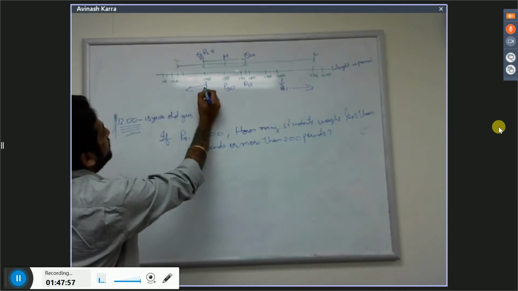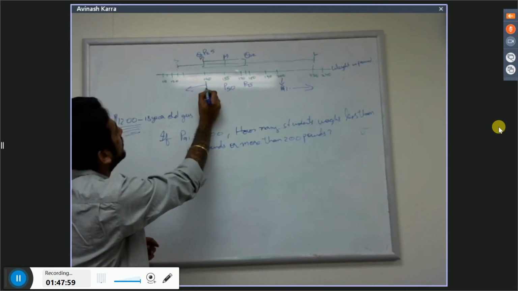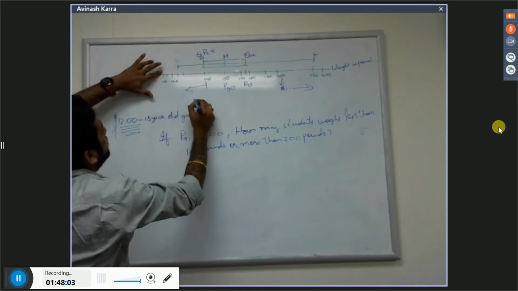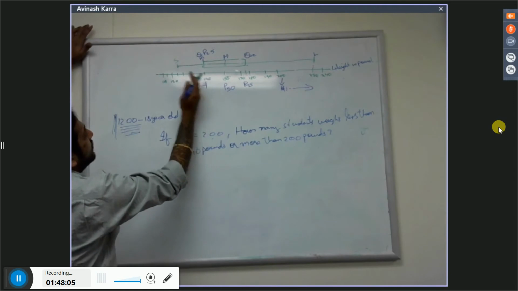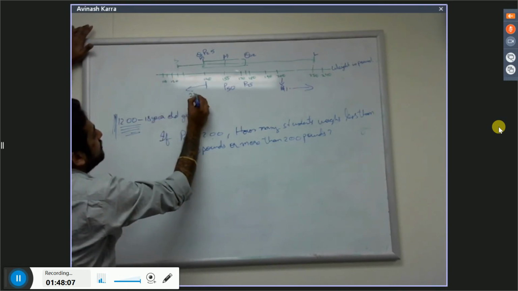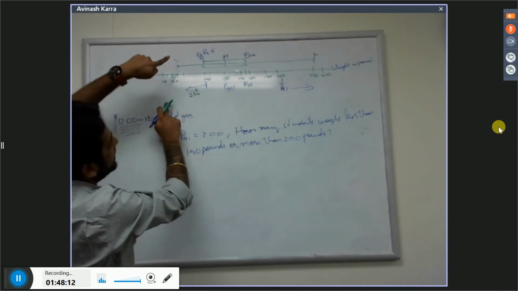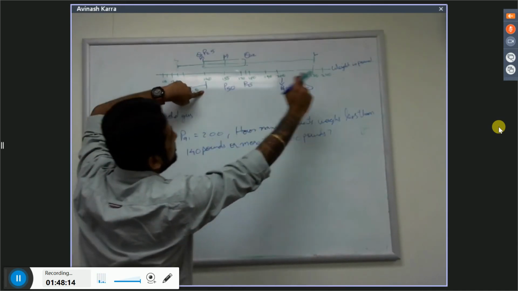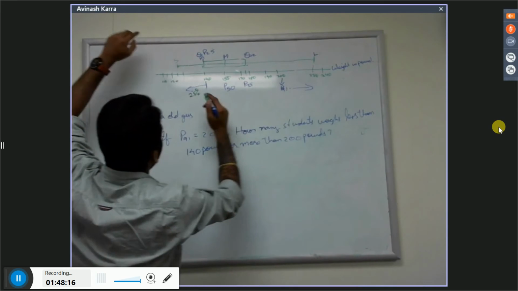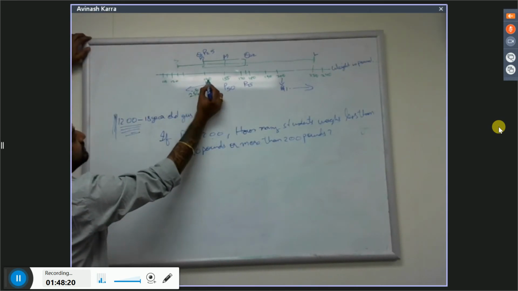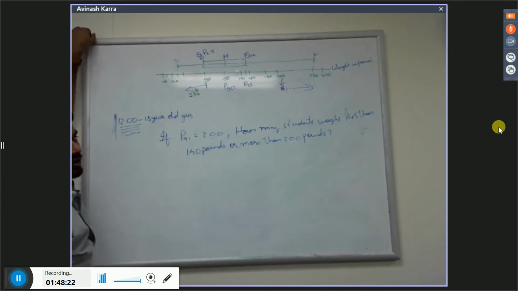What is this? P25. So 0 to 25. I told you, towards this side at P25 is 25%, towards this side is 75%. So 25% of students weigh less than 140.